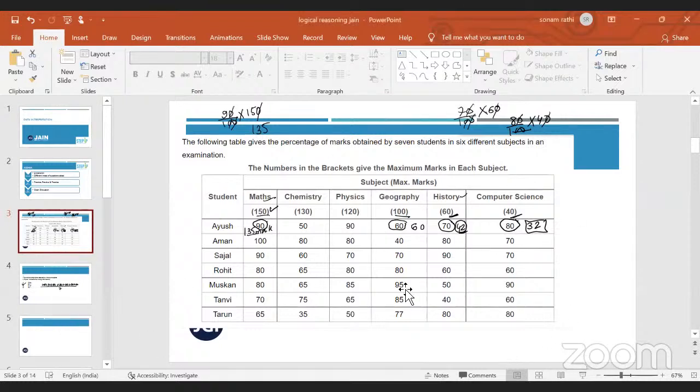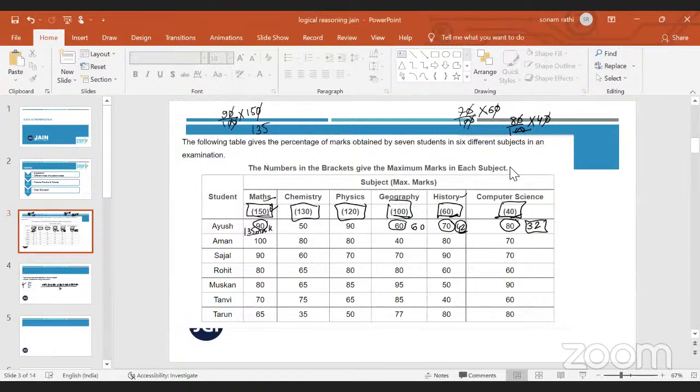Note down this table, and on the basis of this table, we have to solve the questions. Okay, see what the table is saying. The number in the brackets gives the maximum marks of each subject. So the total marks are 150, 130, 120, 100, 60, and 40.